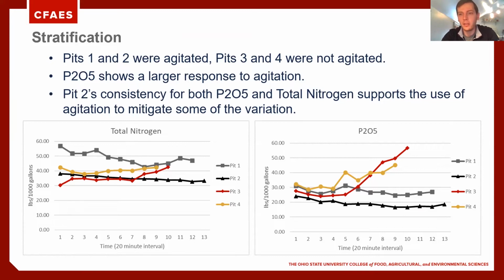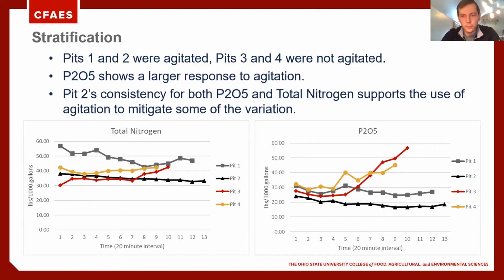The consistency in pit 2 is evident. There's still a change, but it is much more consistent than that of 3 and 4 that were not agitated. And you can really see that in the P205. I think that's pretty cool, how agitation can mitigate some of this variation. But there are challenges with agitation, and I acknowledge that, and I understand them.